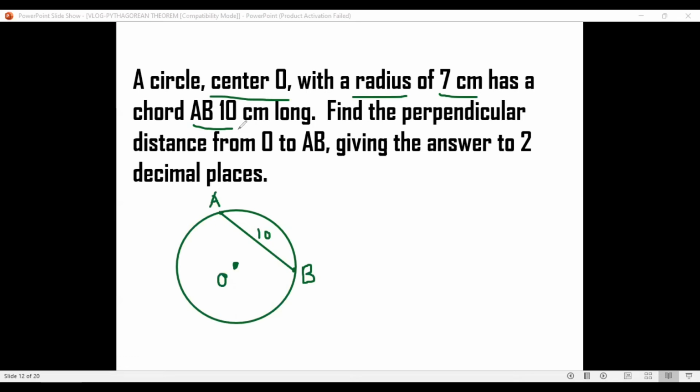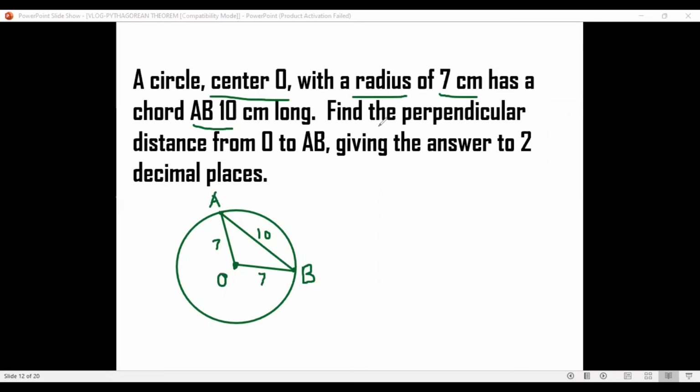If I draw a line connecting the center O to A, that is equal to 7. The radii of a circle are always equal or congruent, so this will be 7, and definitely this will also be 7.